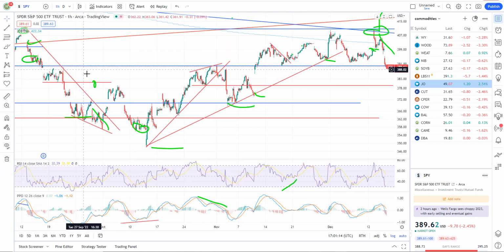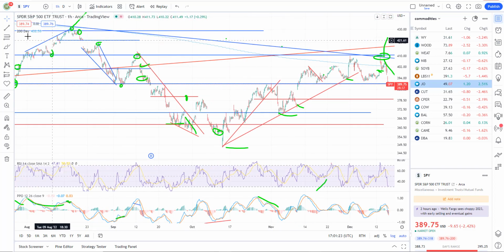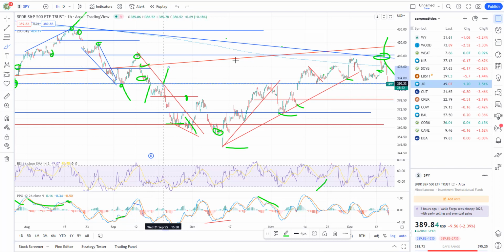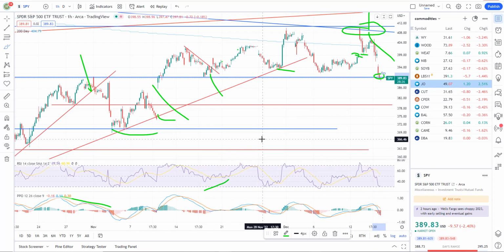The S&P 500, I'm just looking at the hourly chart, and my chart's kind of a mess, but what I want you to really focus on is this, it's about 390, and I know everybody's zeroing in on that level, but here it is. Support, resistance, support, and sure enough, right there. So lots of reactions on that level.